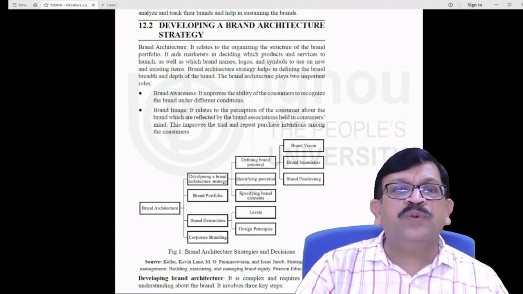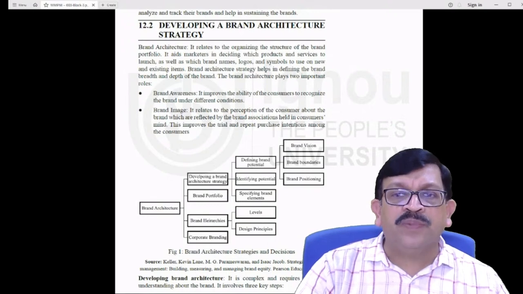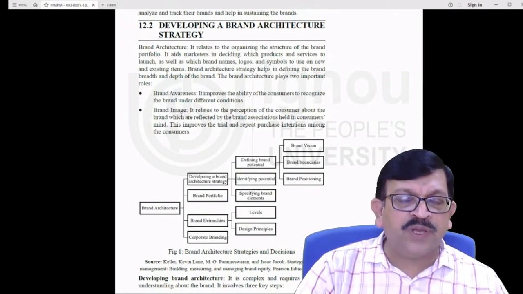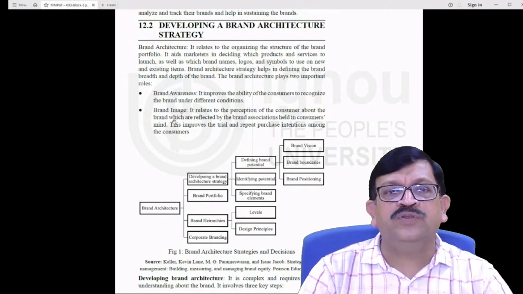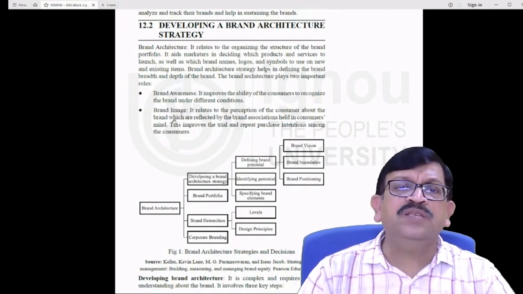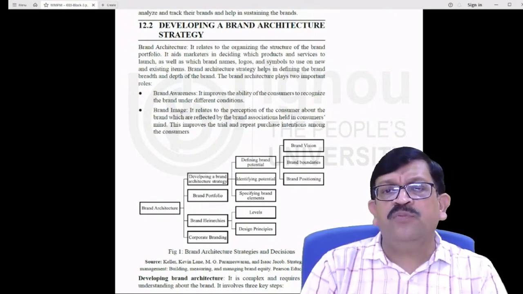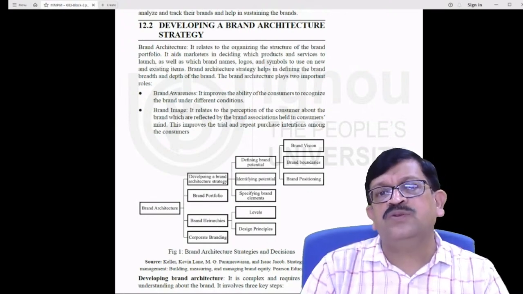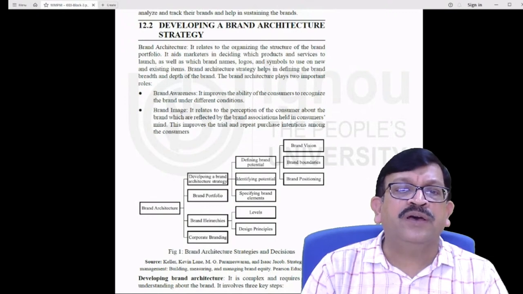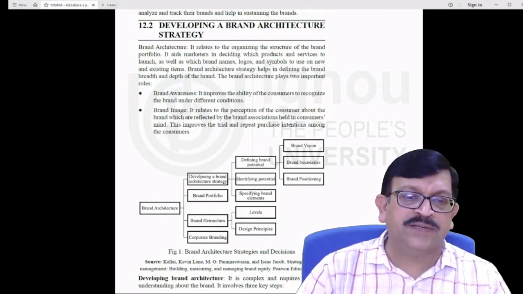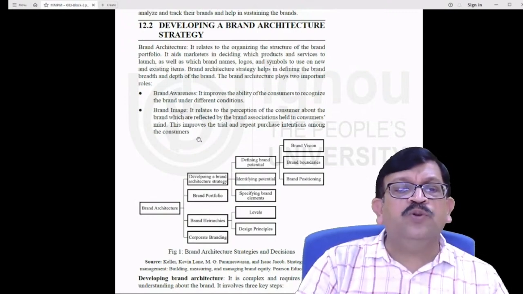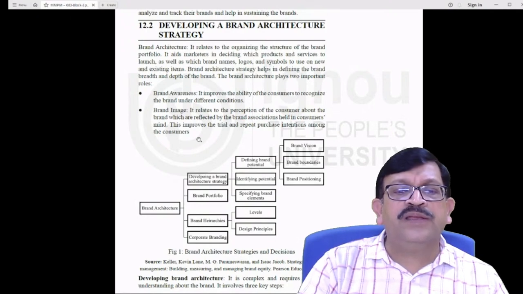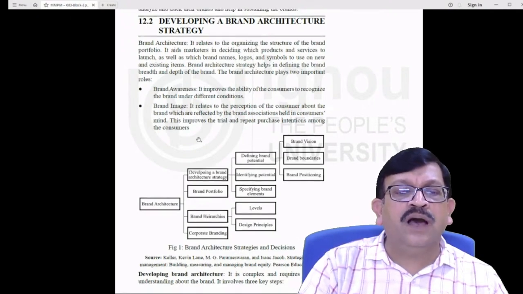Brand awareness talks about the identity part, because this is what the firm offers to the marketplace, and the image is something formed in the minds of the customer once they have been associated with the brand, or have purchased and utilized it. So let's roll on to what the brand architecture strategies are.